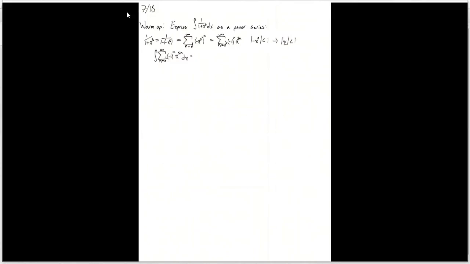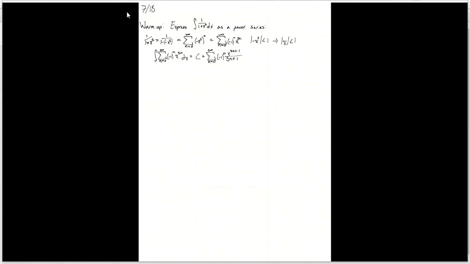So that's going to come out to our constant c here, right? And then we're going to have the sum n equals 0 to infinity. Still going to have this alternating nature, so negative 1 to the n. And then we're going to be moving the power up by 1 and dividing by that new power. So we have x to the 5n plus 1 all over 5n plus 1.